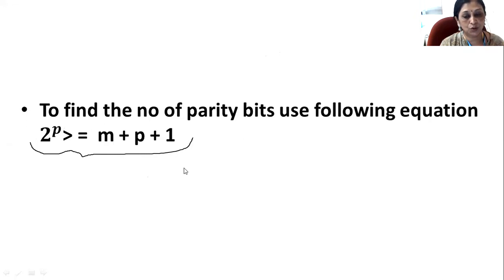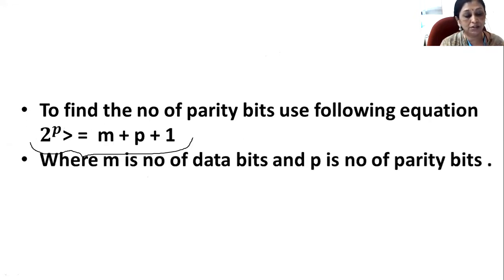This is the equation that we use to find out the number of parity bits that should be used in a given message or in a given stream of data, where small m is the number of data bits and small p is the number of parity bits.